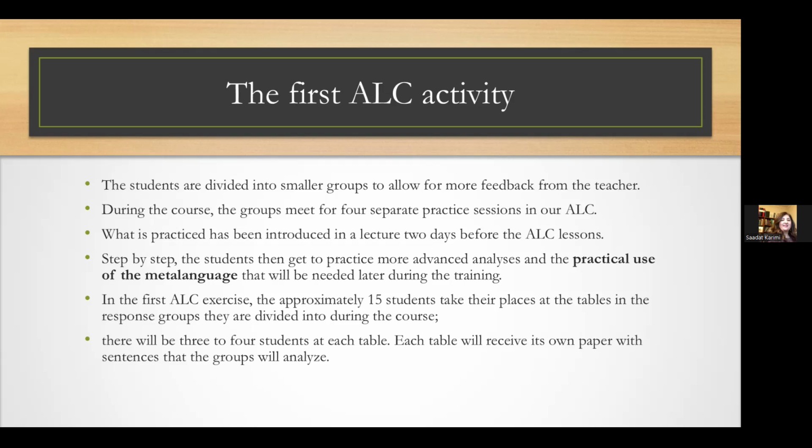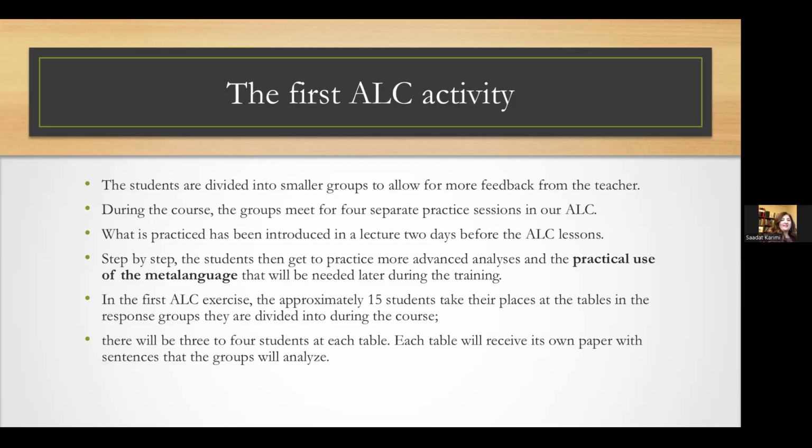In the first ALC exercise, approximately 15 students take their places at the tables, in the groups they are divided into during the course. There will be 3 to 4 students at each table.